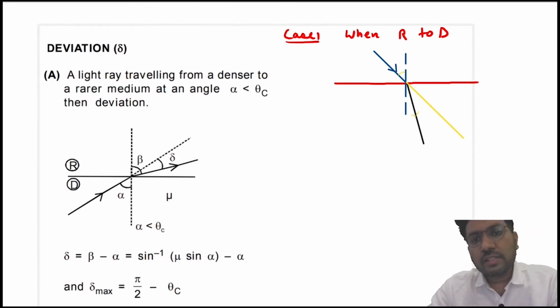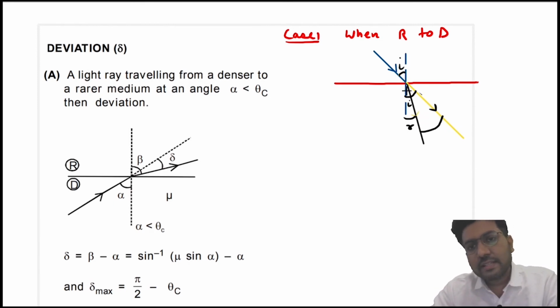Suppose this whole angle is I, and this angle is R. Then delta, clearly you can see, is I minus R.